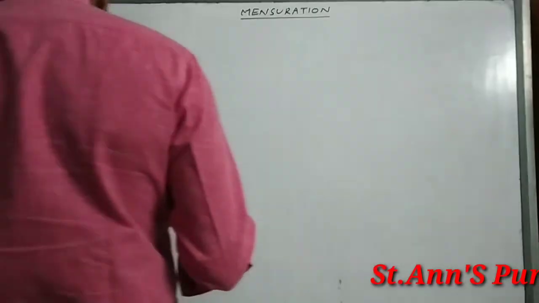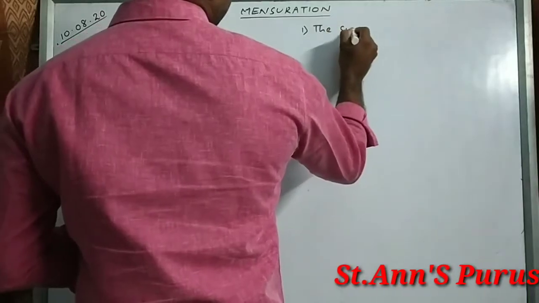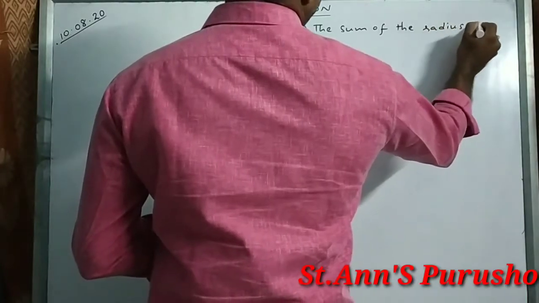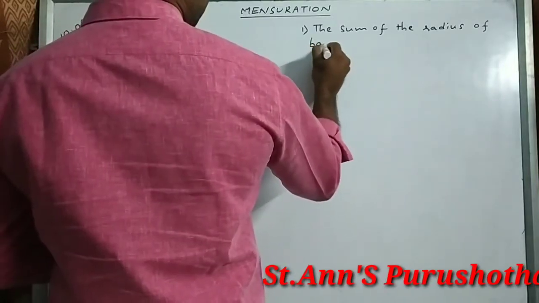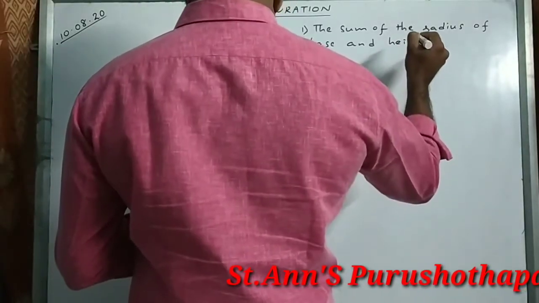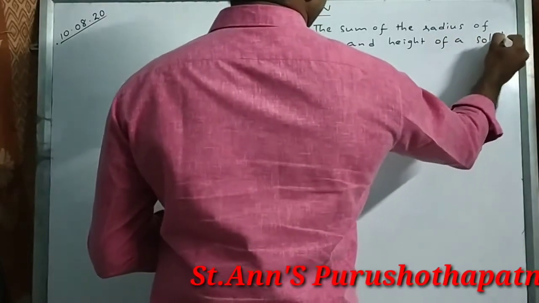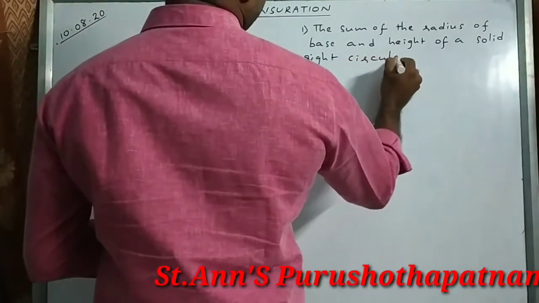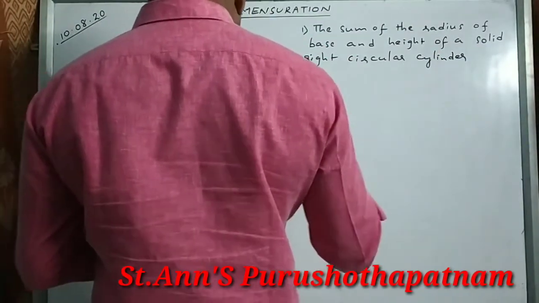Okay. First question: the sum of the radius of base and height of a solid right circular cylinder is 37 cm.